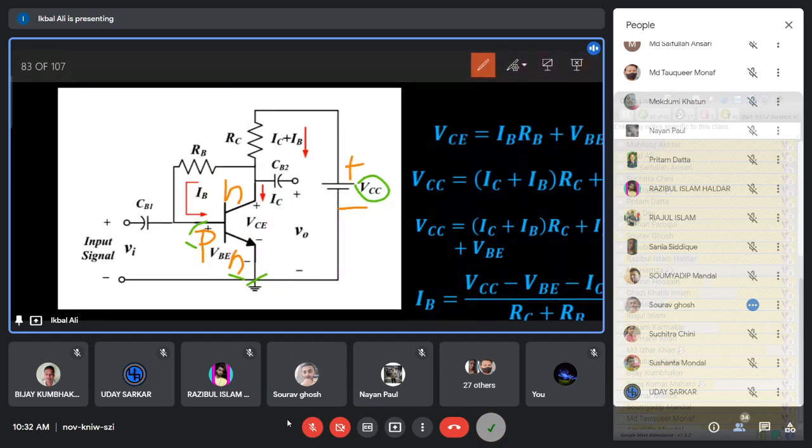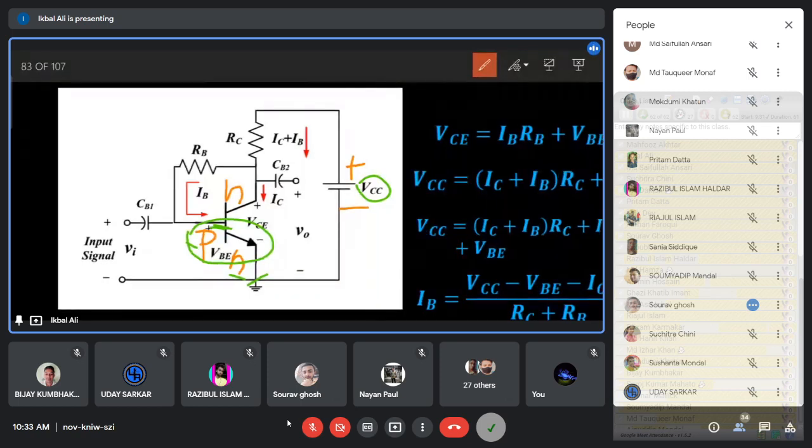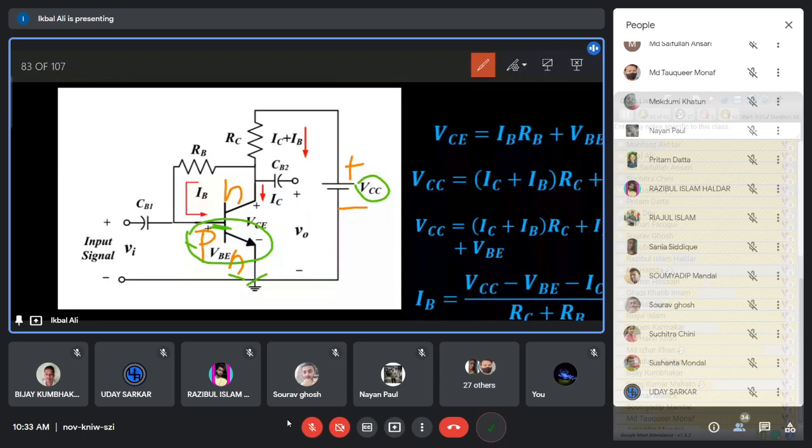The base and emitter, P base and N emitter, form a PN junction, nothing more. It will work similarly to the PN junction you learned in the basic electronics class. The N material is connected to the minus terminal of the VCC, so this PN junction will be in forward bias, is it not?